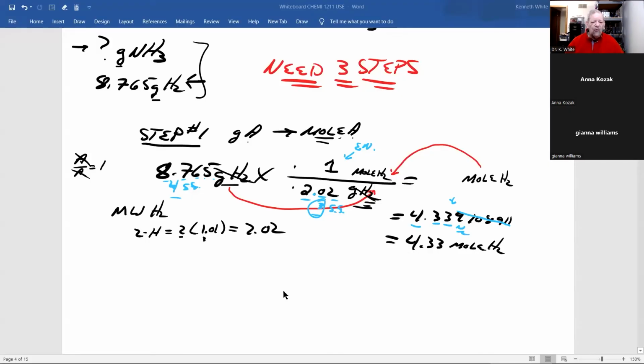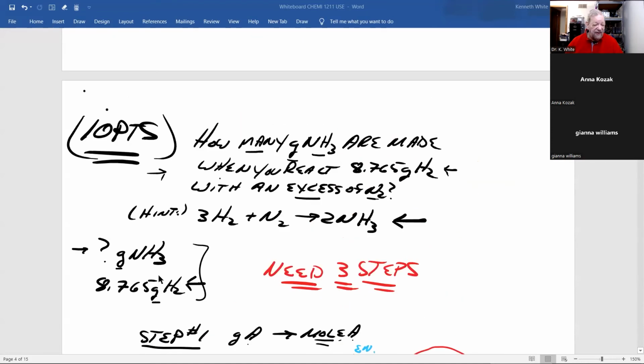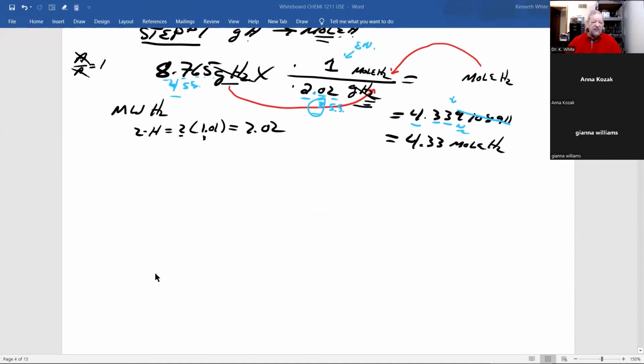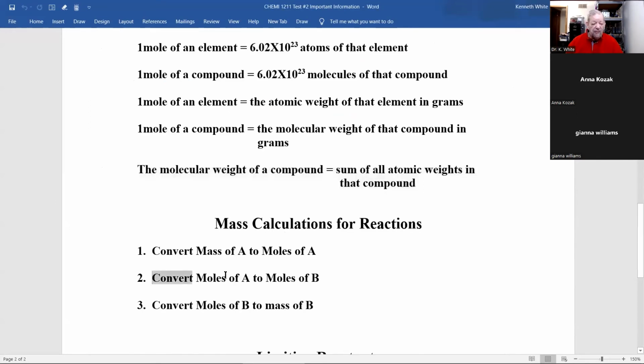Let's get back to our problem. We now have 3.33 moles of hydrogen. Are we done? No, we're trying to get the grams of ammonia. So now we have to do step number 2, and step number 2 is convert moles of A, in this case hydrogen, to moles of B, what we're trying to get to.